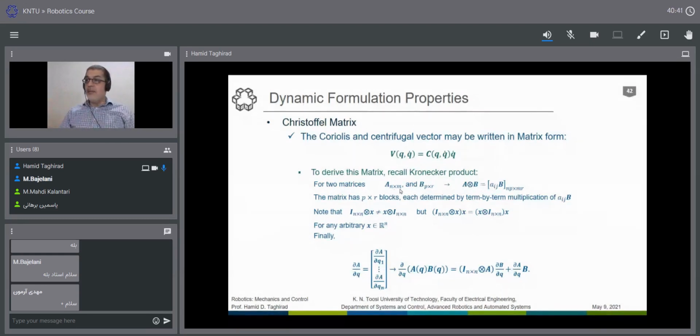So if we have n by m and p by r, we have an np by mr matrix. We have a very large matrix, where every element of A is multiplied by the B matrix, so there would be a block there instead of the one component here.